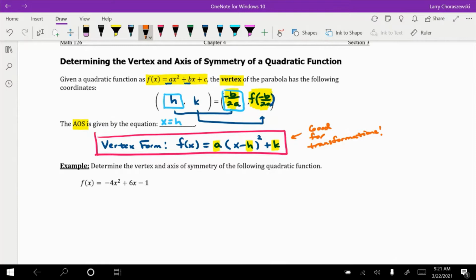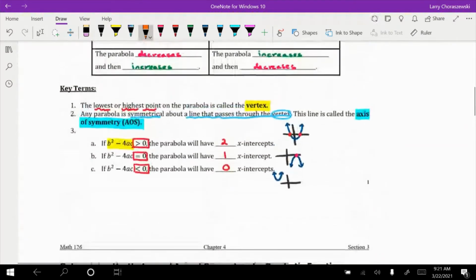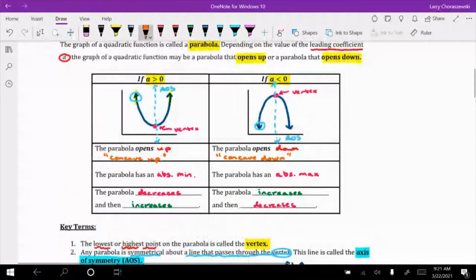I'm going to go back to page 1 and add a little more detail to both these parabolas. So let's look at the first one. Here I have pointed out the vertex, which we now know has coordinates h comma k.